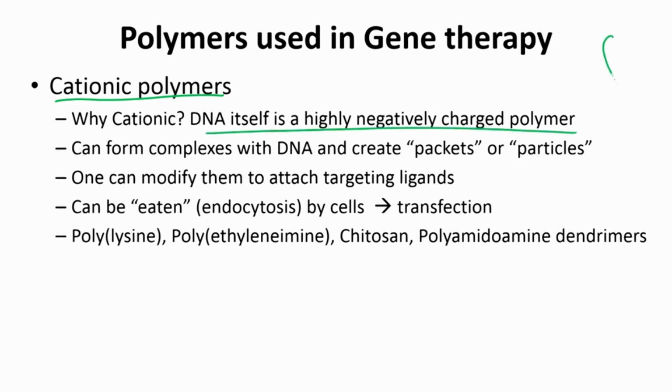As I said, the DNA is composed of nucleotides which are composed of phosphate, and several negative charges are present on each of those nucleotides, and so you can imagine a 100 kilo base pair DNA will have quite a lot of negative charge in its structure, and so you can use cationic polymers, and that way these DNA molecules interact quite strongly ionically with your cationic polymer. So these then result in formation of complexes.